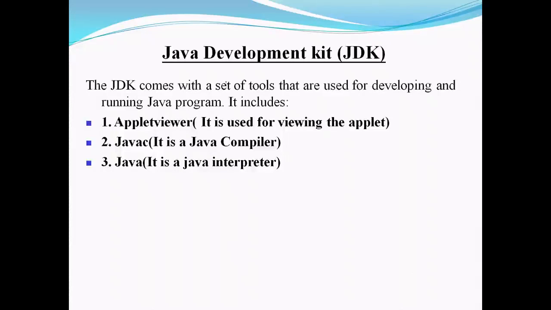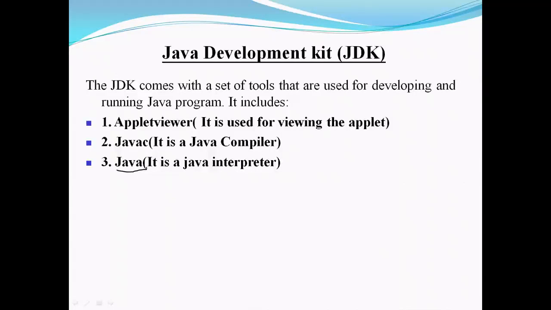Okay, next tool is java, and that is an interpreter. The Java interpreter runs your applications by reading and interpreting the bytecode files. So the compiler converts your program into bytecode, and that bytecode is executed by the java command or java tool.